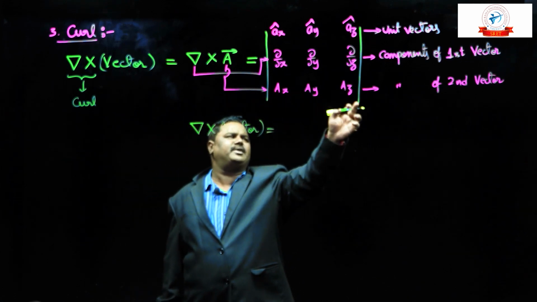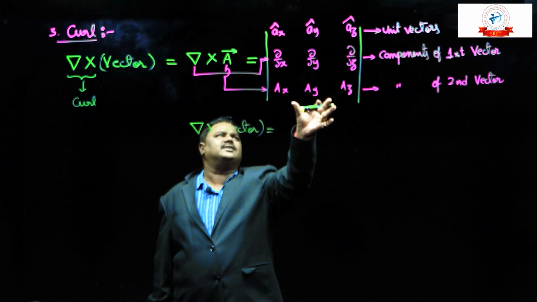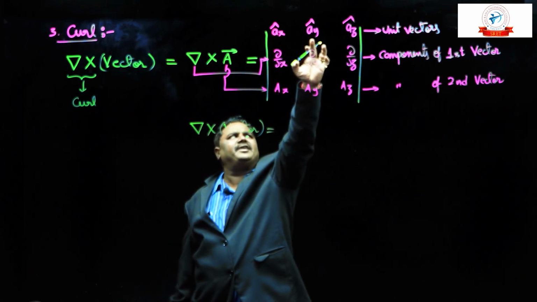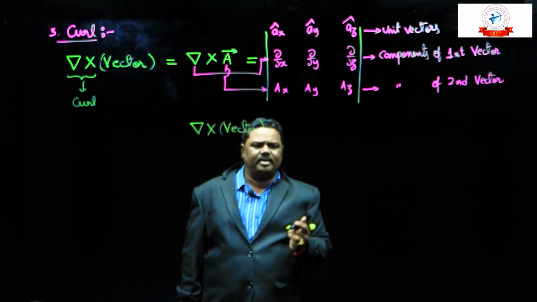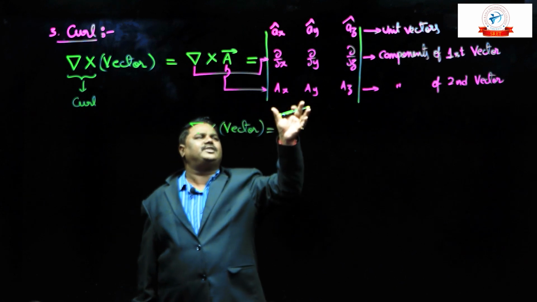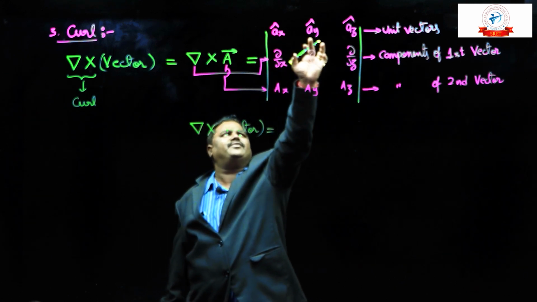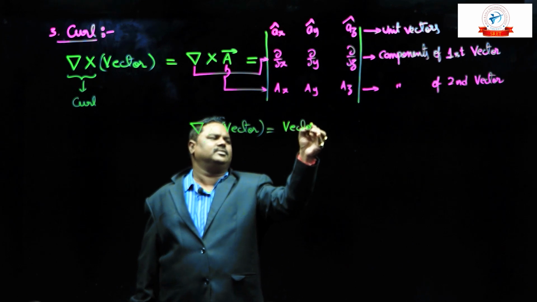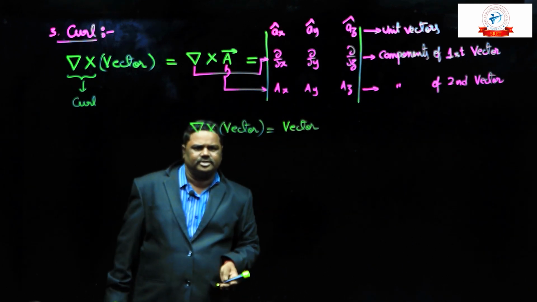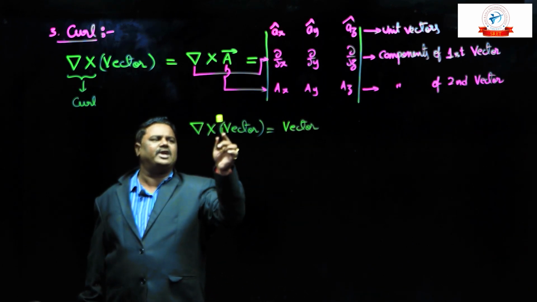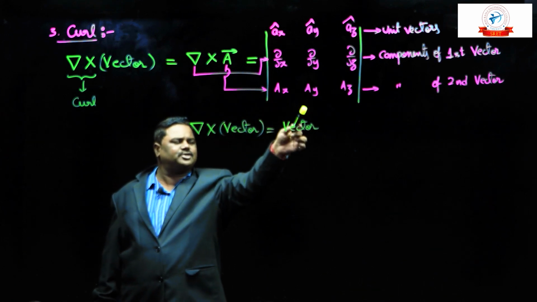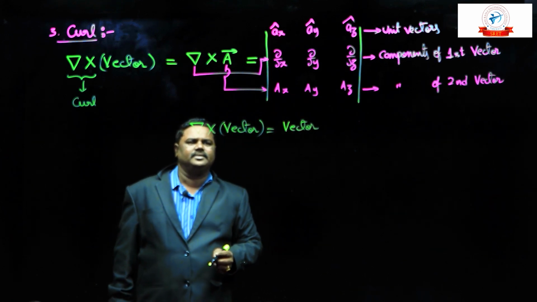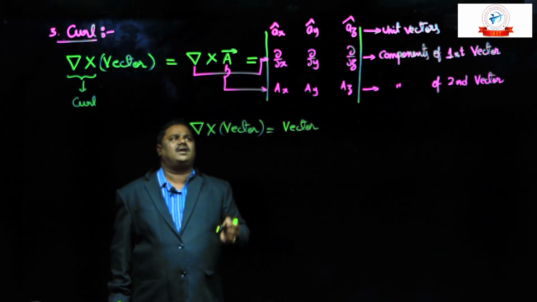If you evaluate this determinant, the result contains a x cap, a y cap, and a z cap, which represent direction. So the result is a vector. Curl operation is applicable only on vectors and the result is also a vector.